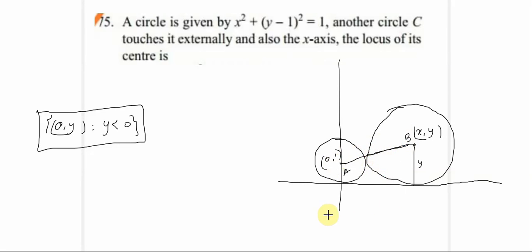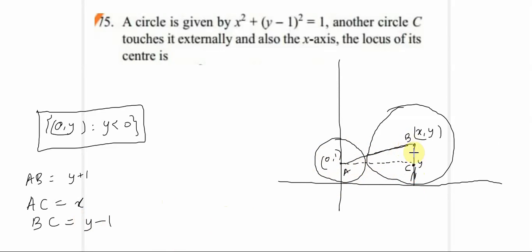So the whole distance AB is y plus 1. Now let's draw a line parallel to the x-axis at distance 1 from it, and call this point C. Then AC is just the x coordinate of the center, which is x. And BC is the whole distance minus this distance of 1, so it is y minus 1.